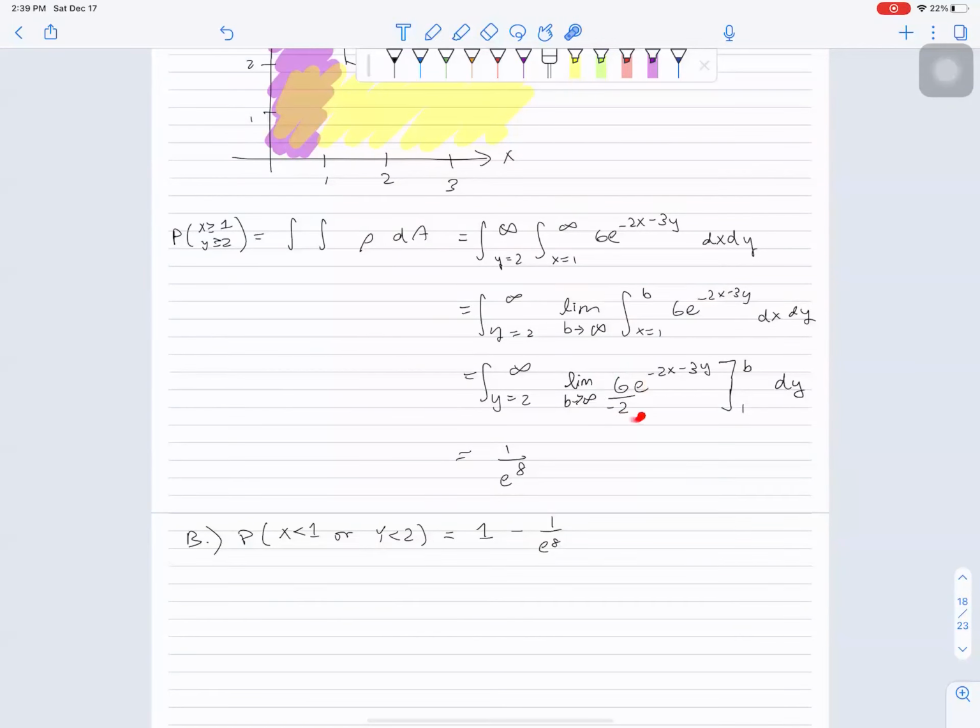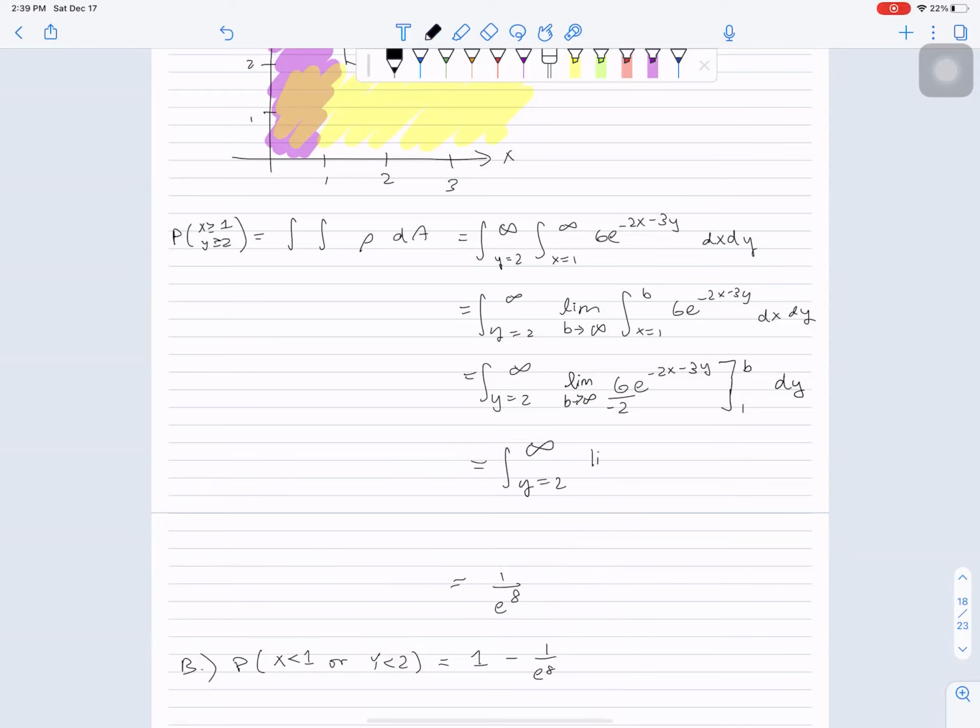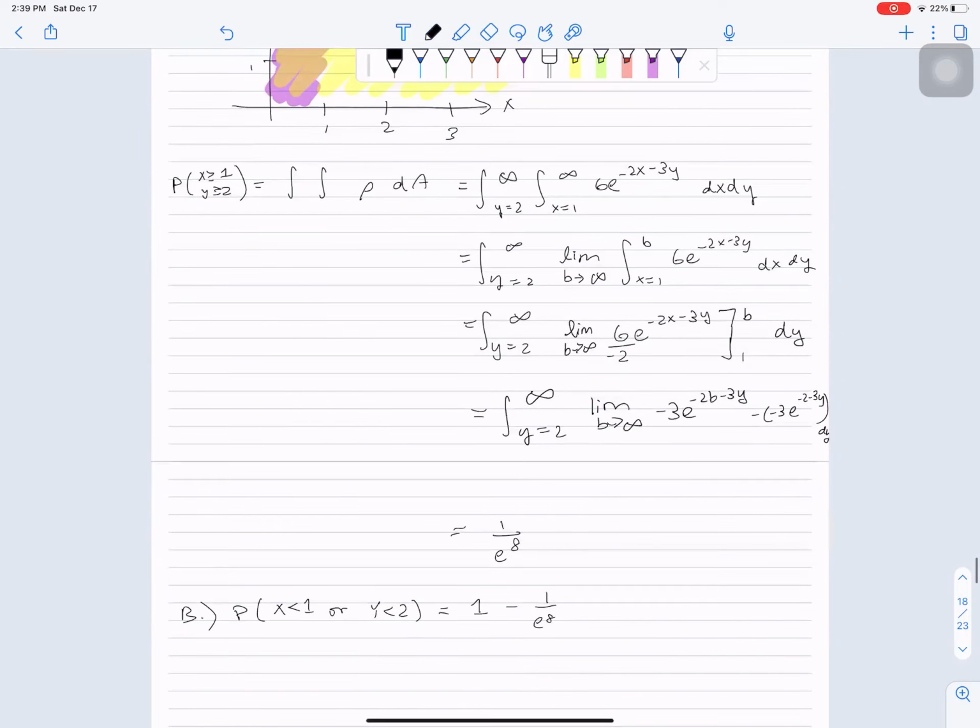The reason I didn't have to use substitution and stuff is I kind of just guessed that it's negative 2, because if I take the derivative of it, I do get this integrand. That's just a faster way. And hopefully I did it correctly. So we have the limit as b approaches infinity of negative 3e^(-2b-3y) minus negative 3e^(-2-3y) dy.